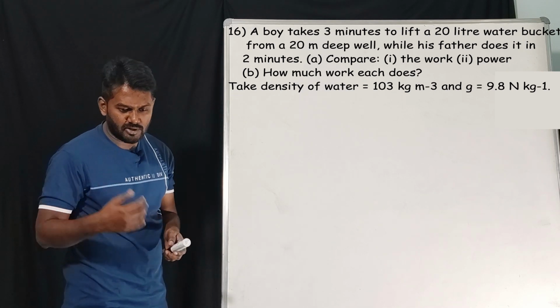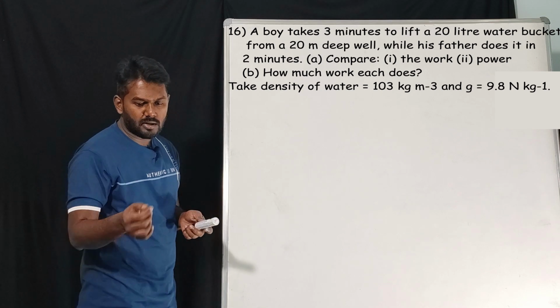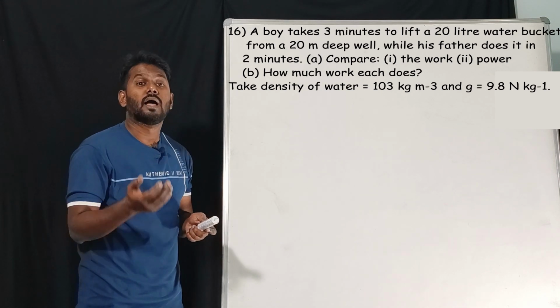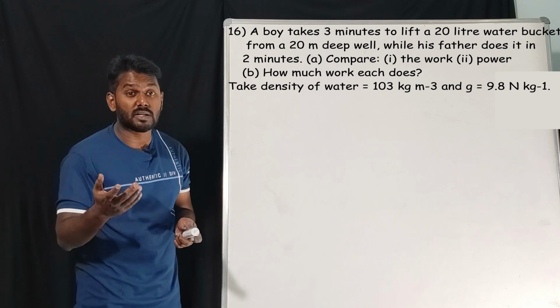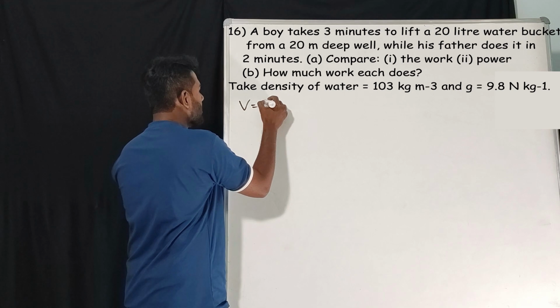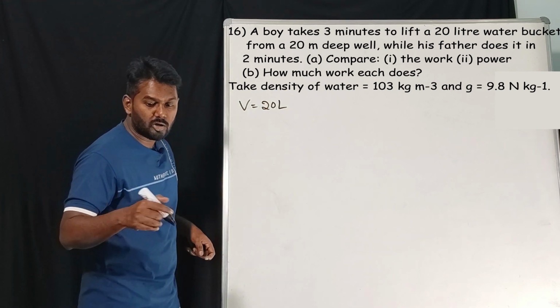Okay, first we will write the given data. So in this question we are talking about boy and his father, correct? Now they have given 20 liters of water. What is that 20 liters of water? That is not the mass of the water, that is the volume of the water. So volume of the water is 20 liters. Next, height is given, that is 20 meters.